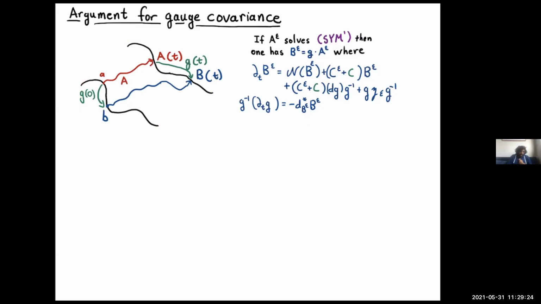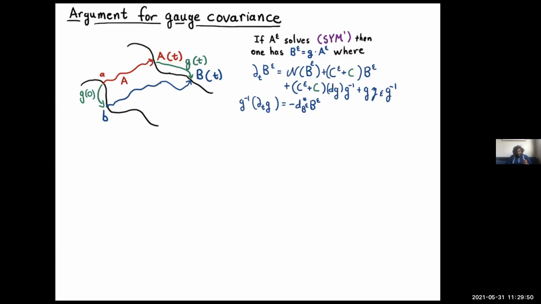I can either start from A and little a and follow the dynamic capital A, or I can translate to another point on the gauge orbit and then run the dynamic B. If I go this way, then there's another gauge transformation that tells me I'm gauge equivalent to where capital A ended up.